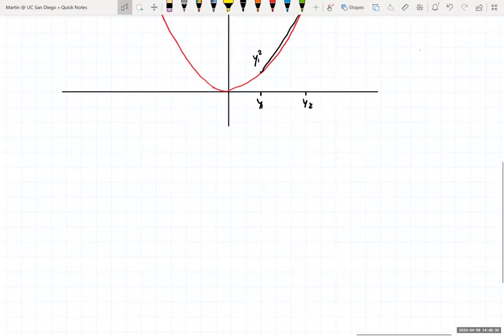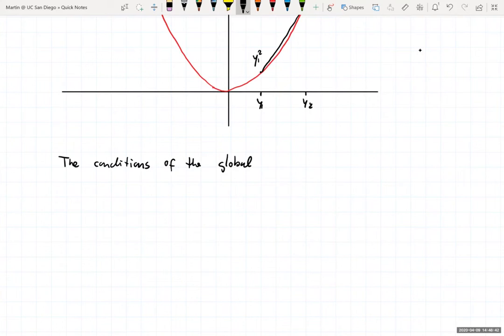So the conclusion is the conditions of the global existence and uniqueness theorem are not satisfied.